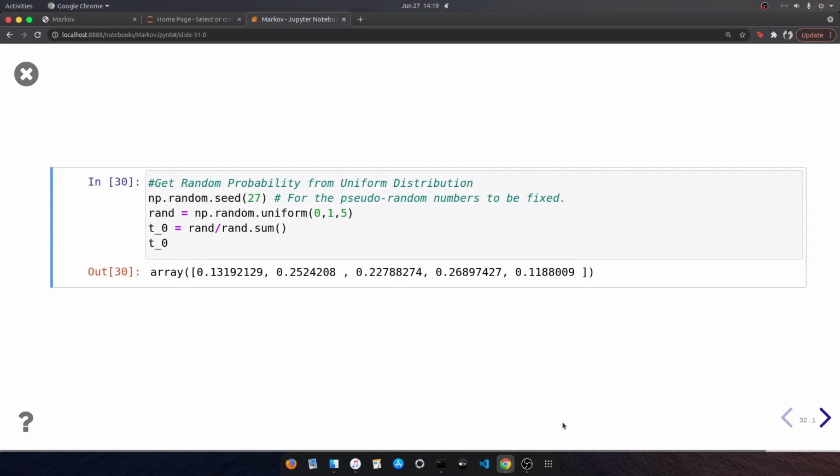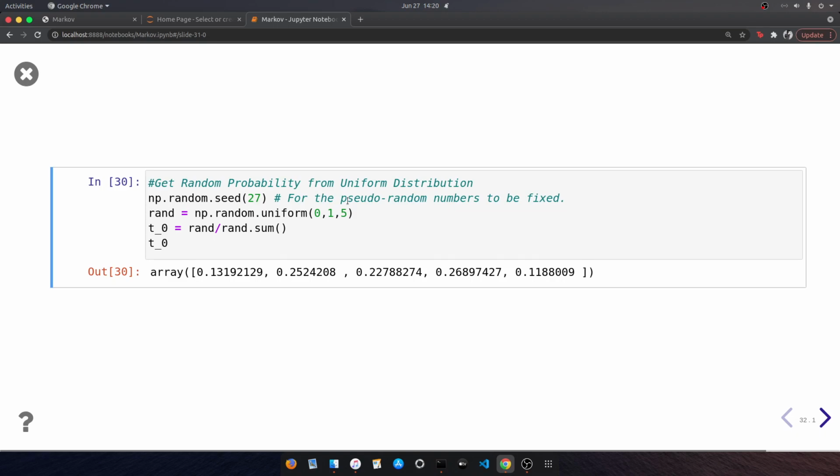And since this is an actual dataset, we don't know what the initial state is. So a reasonable assumption is drawing from a uniform distribution. We're saying that it's equally likely that it's either raining or sunny, the weather at time point zero, so at the beginning of time.